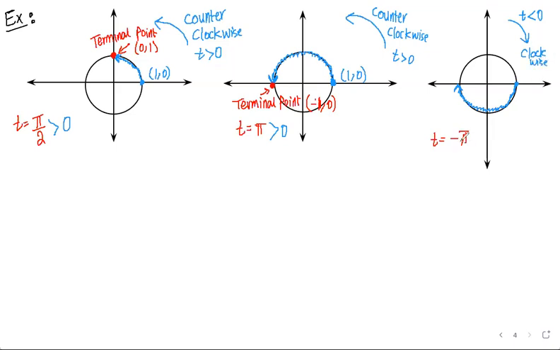Now this point here is called the terminal point. What is it? The terminal point is (-1, 0).